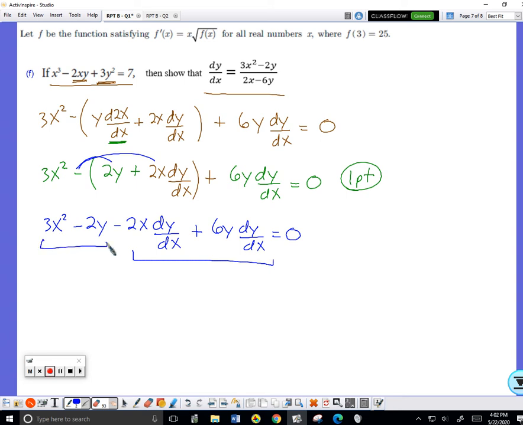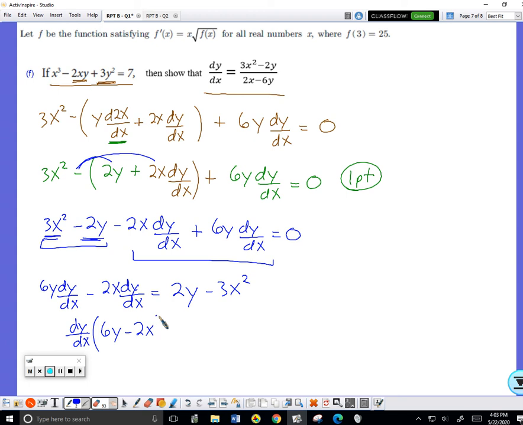So we're going to get 6y dy dx negative, so minus 2x dy dx equals, when these move over, the signs will switch. This will be 2y subtract 3x squared. Factor out the dy dx. End up with 6y subtract 2x.